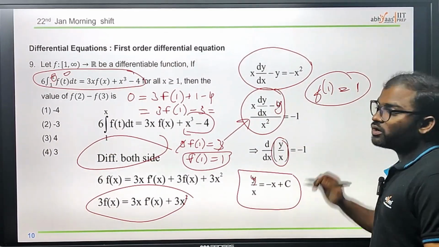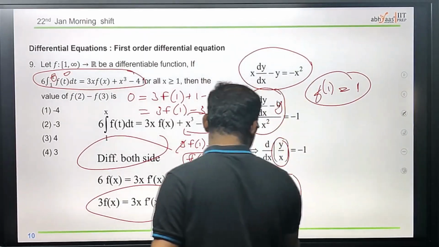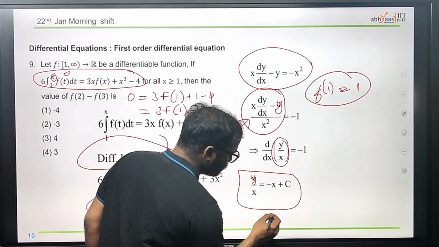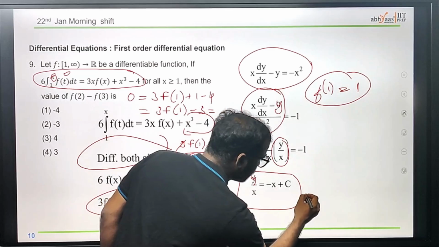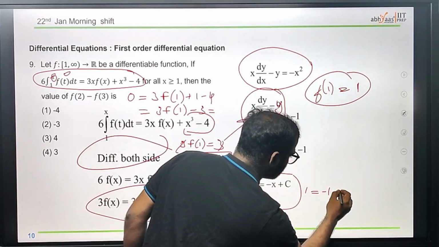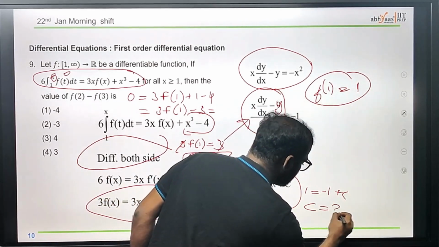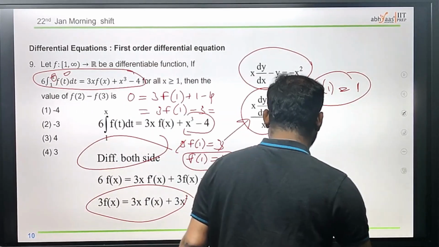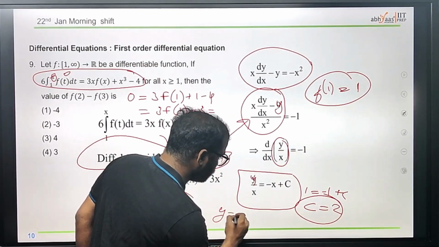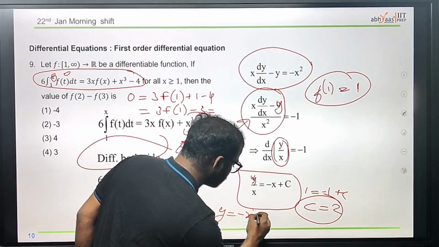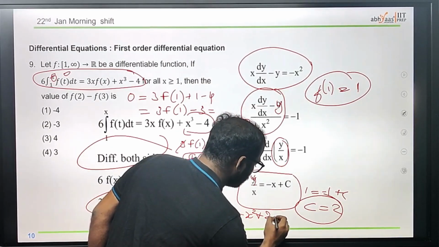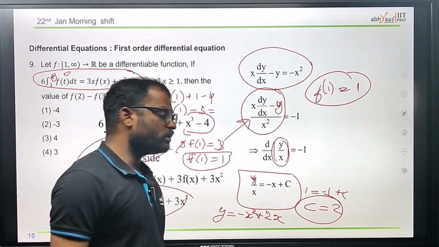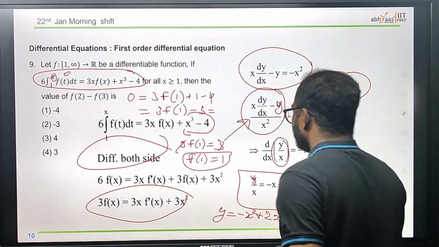Since we got f of 1, if we substitute 1 in place of this, we will get 1 is equal to minus 1 plus c, so we have c as 2. Therefore we have y is equal to minus x square plus 2x. That's how we got the solution for this situation.